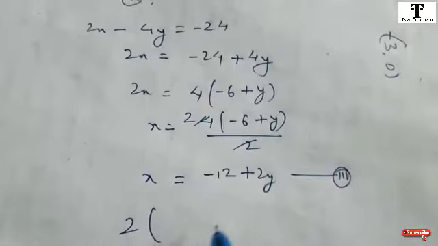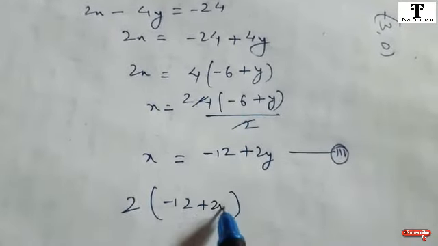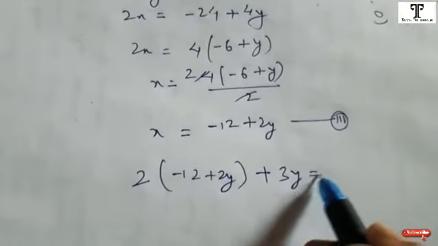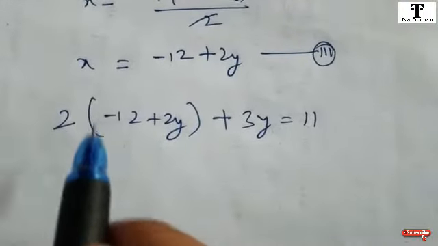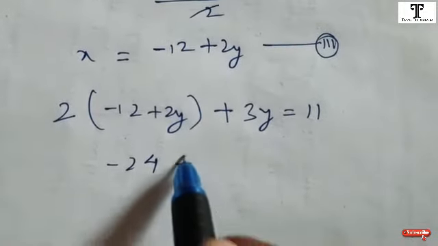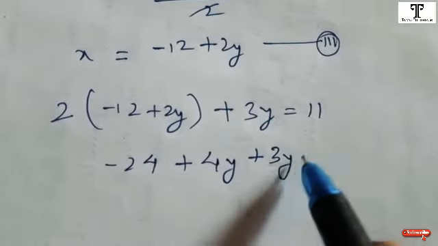Okay, so equation 1 is 2x plus 3y is equal to 11. So 2x, the value of x is here, so minus 12 plus 2y, and plus 3y is equal to 11. Okay, so now you have to solve. This is wholly in terms of y, so 2 into minus 12, so minus 24 plus 2 2s are 4y plus 3y is equal to 11.